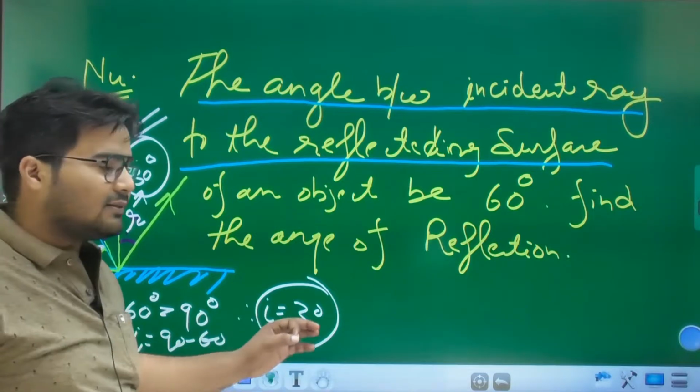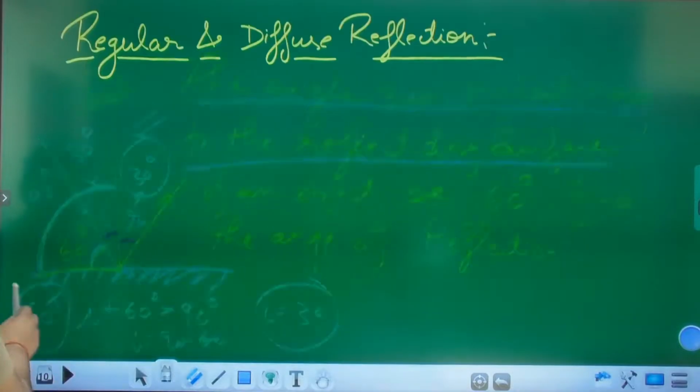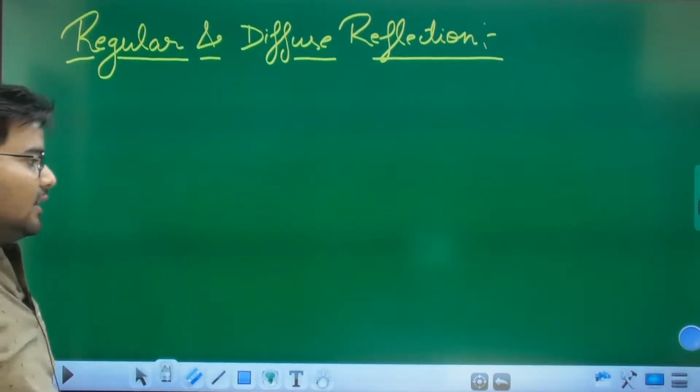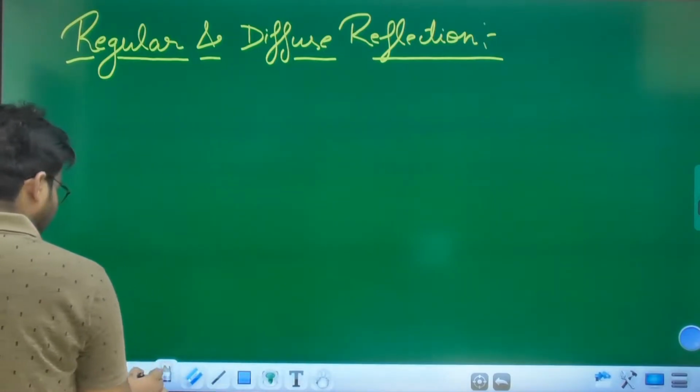So we will continue these types of numericals in the next class. Now move to regular and diffuse reflection. What are regular and diffuse reflection? Let us see.